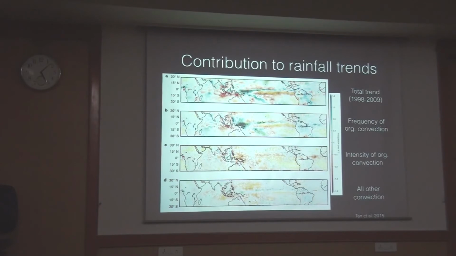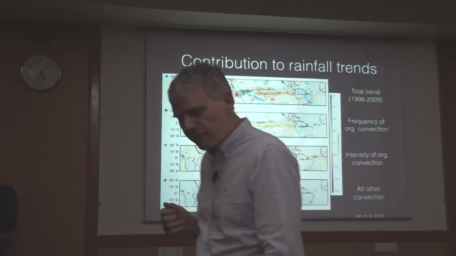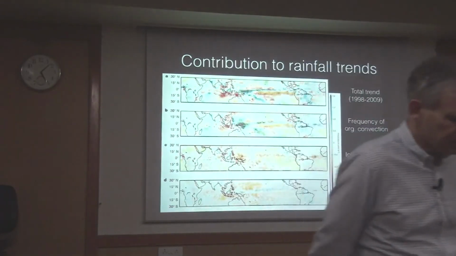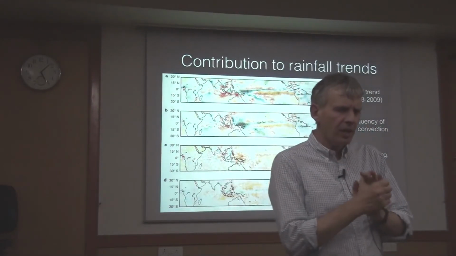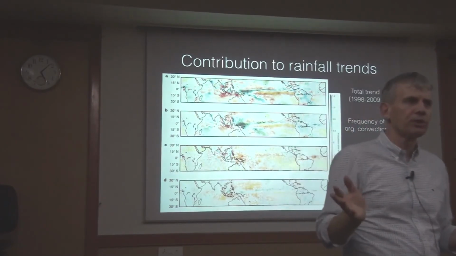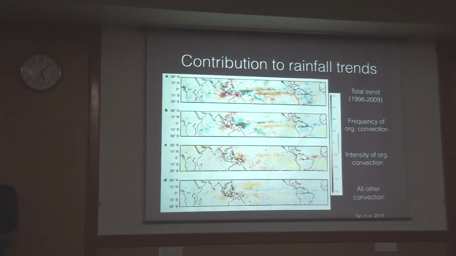So this is an interesting one. I have a figure on this at some stage in the lectures. There are several schools of thought, okay? One is the thermodynamic school of thought, which says the convection drives the circulation. So the convection happens spontaneously, there's a warm surface either over land or warm SST.